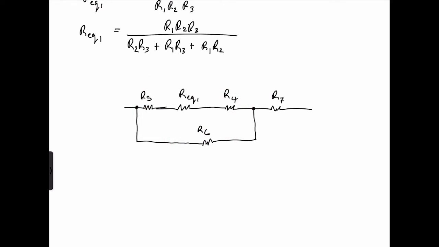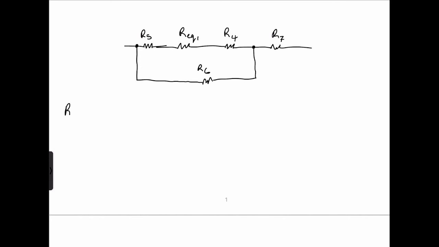So let's call this R equivalent 2. We're going to combine these three resistors. So R equivalent 2 is basically R equivalent 1 plus R5 and R4.